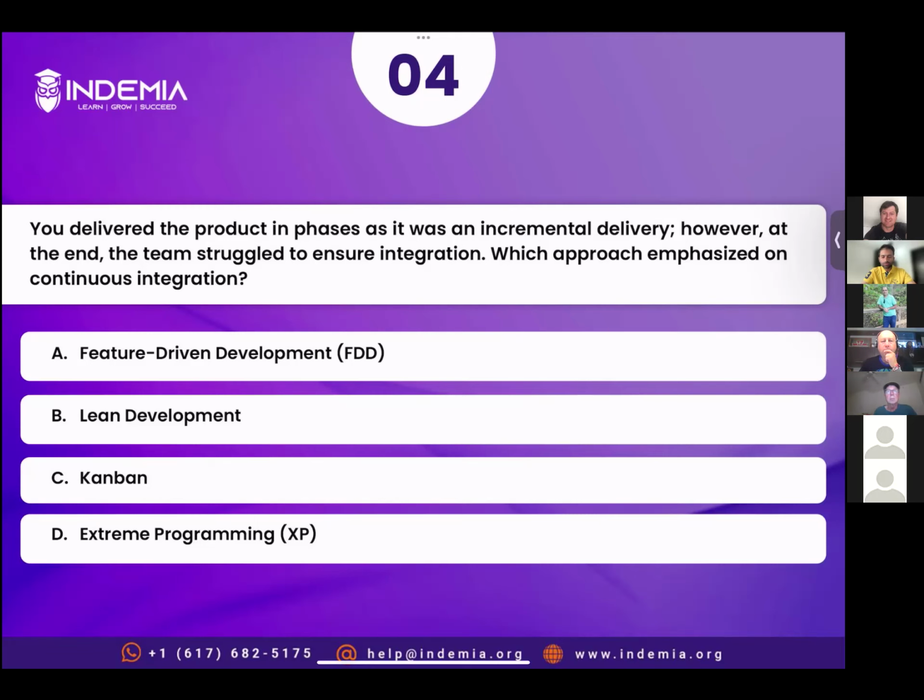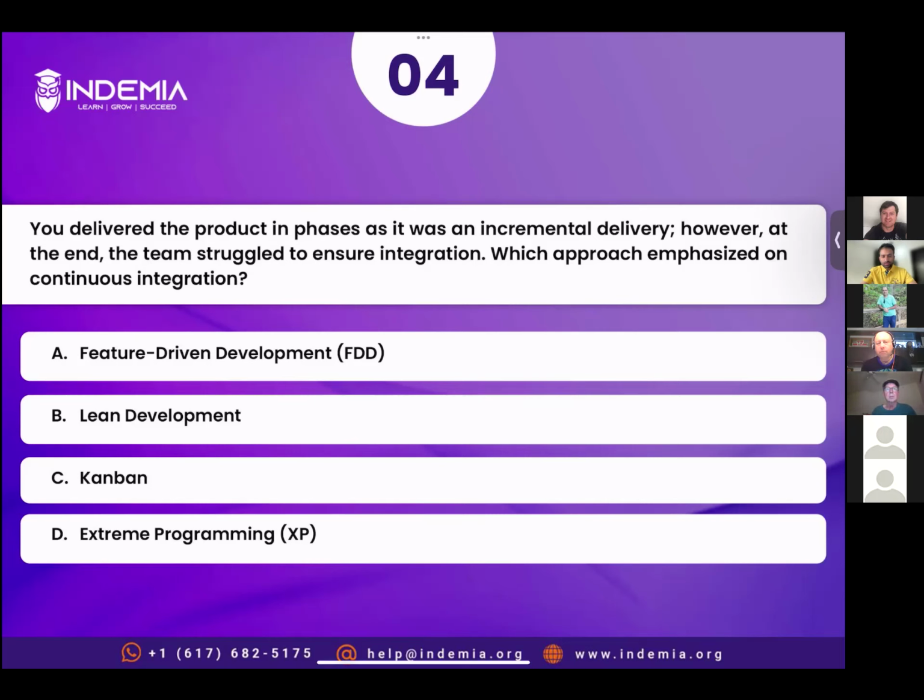We plan by feature, we build by feature, we deliver by feature, right? A feature is a complete functionality in all aspects, so there is less need of integration. And also, it doesn't talk about continuous integration.